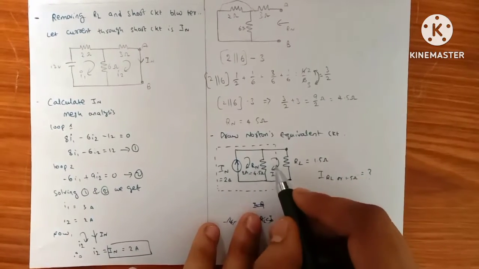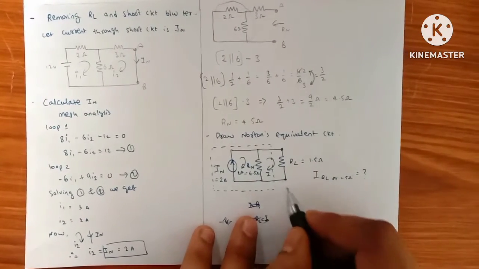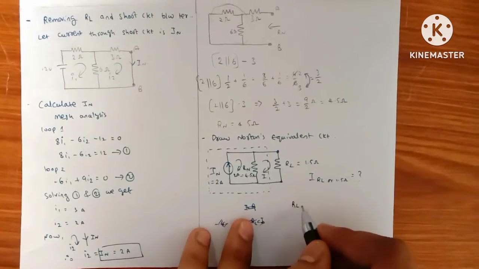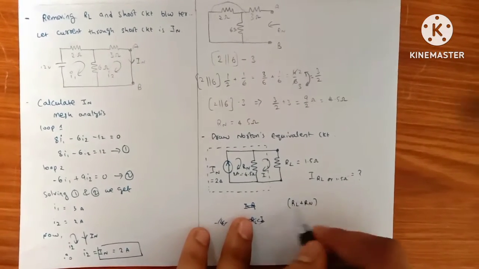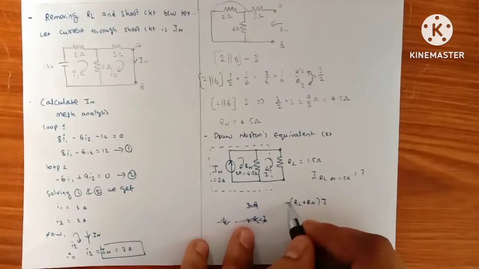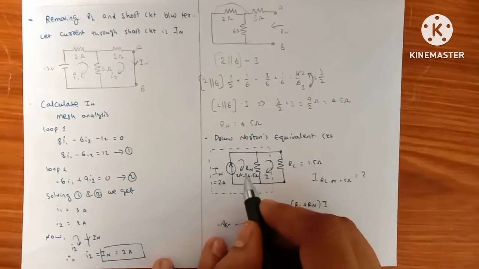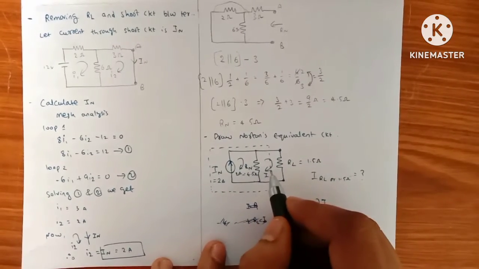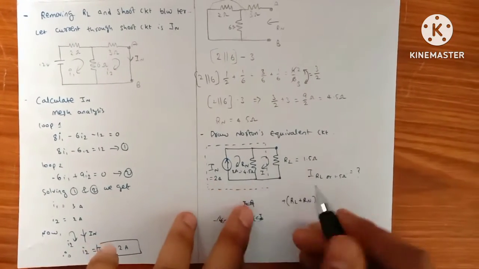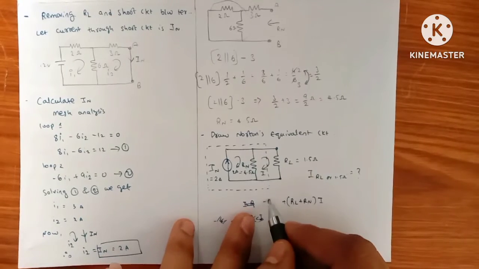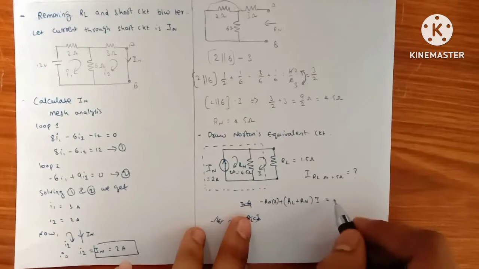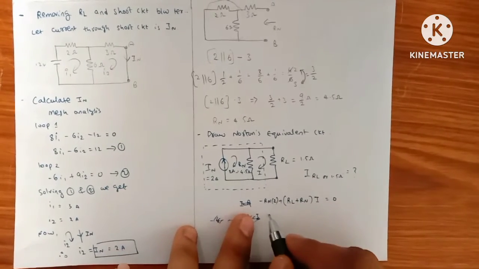If we write the loop equation in this loop, we get RL plus Rn times I, plus the 2 amp current loop affecting the I loop through Rn, so minus Rn times 2 amps, equals 0.